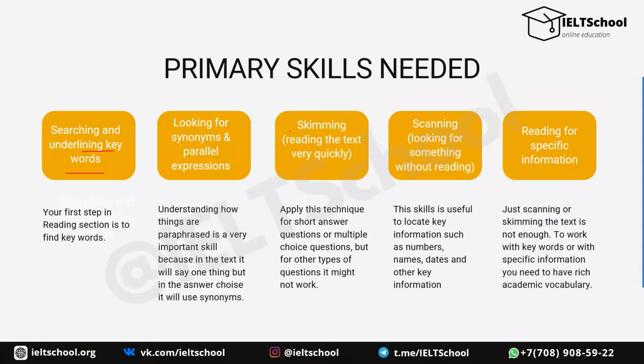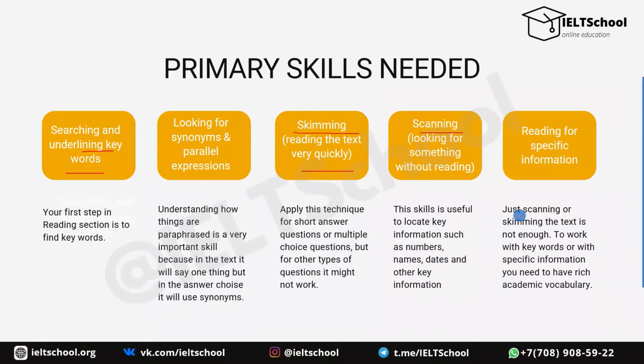And also you need to be good at techniques like skimming and scanning. Skimming means reading the text very quickly to get the overall idea of the text, of the paragraph. Whereas scanning means just looking for specific information like data, numbers, or some key information.